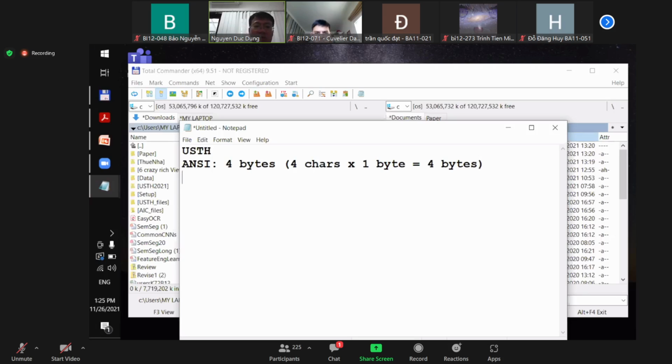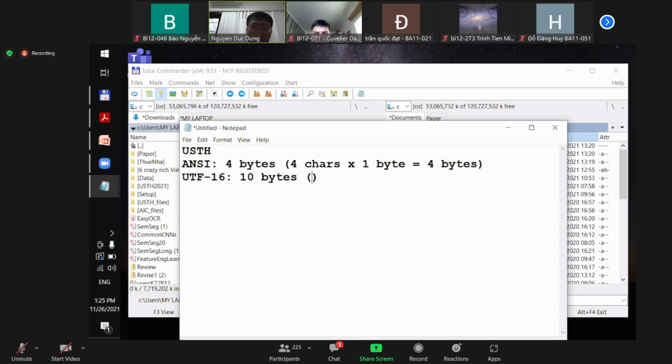Now, for UTF-16, you could guess that it has 4 bytes, but more importantly, you should know the reason why it costs 10 bytes.